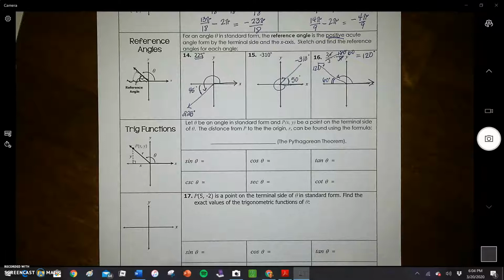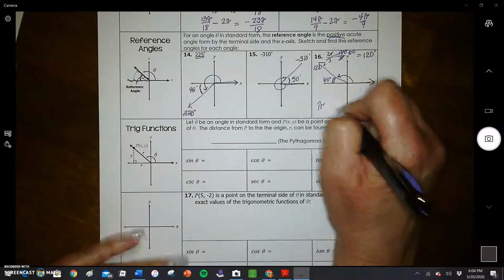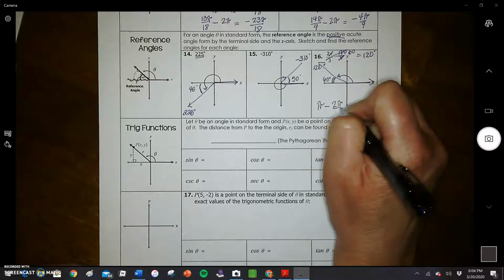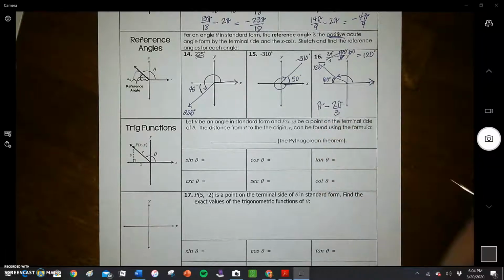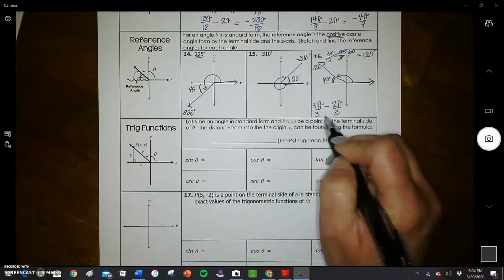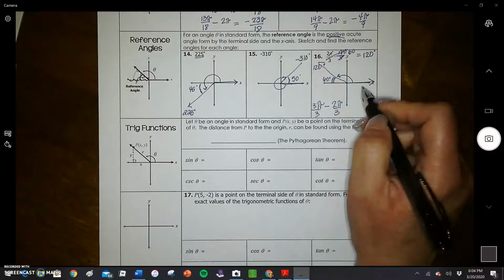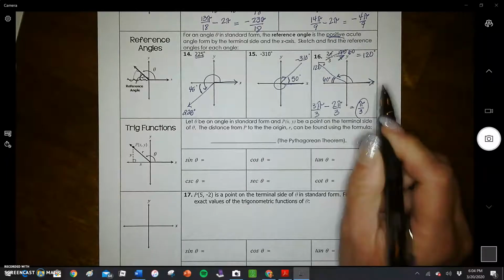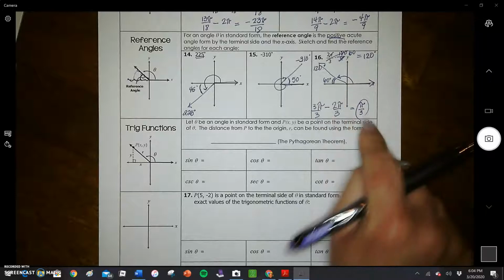Okay, the other thing that you can do is take pi and subtract 2 pi over 3 to get this reference angle. So 1 pi is the same thing as 3 pi over 3, and so 3 pi over 3 minus 2 pi over 3 would give you 1 pi over 3. Okay, so that reference angle is also pi over 3.